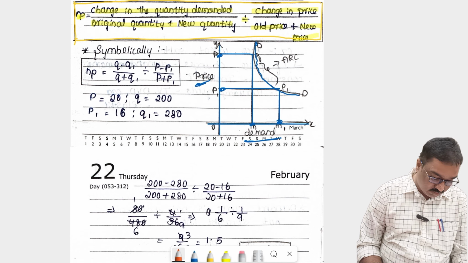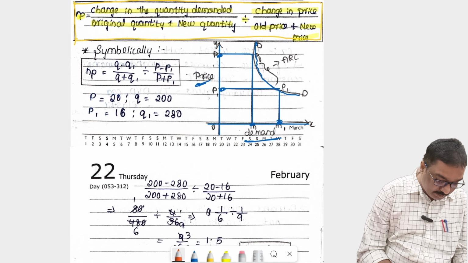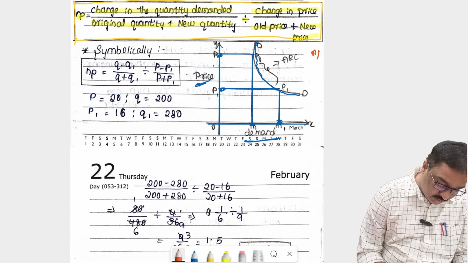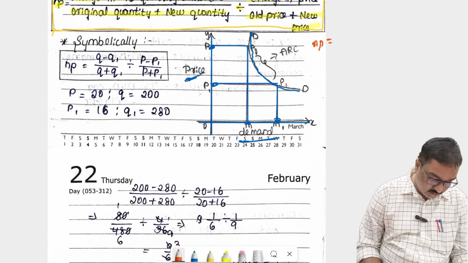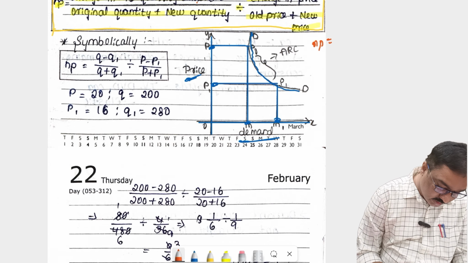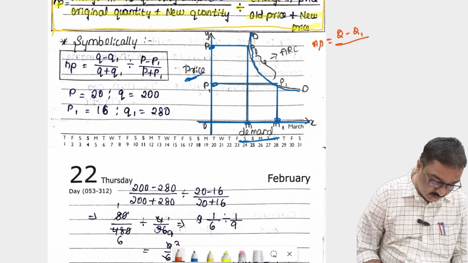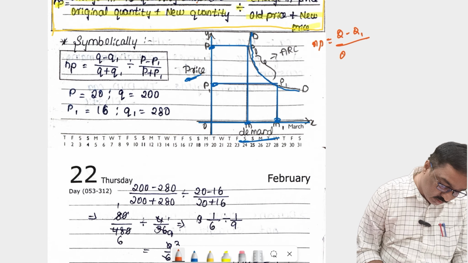if you calculate, first of all, Ep is equal to the change in quantity demanded, which means Q minus Q1, divided by the original quantity plus the new quantity, Q plus Q1.